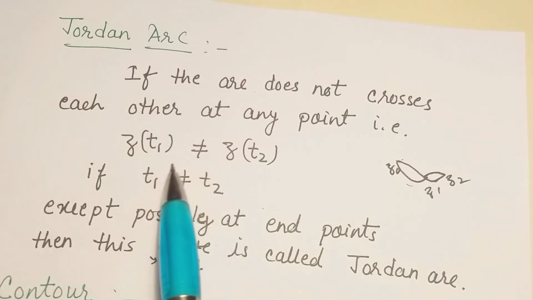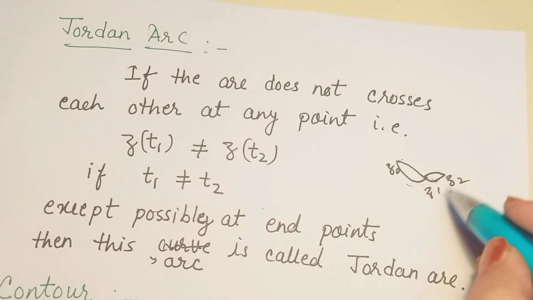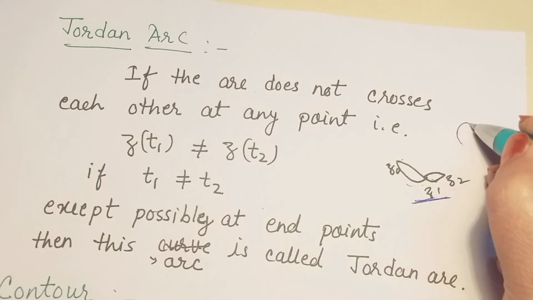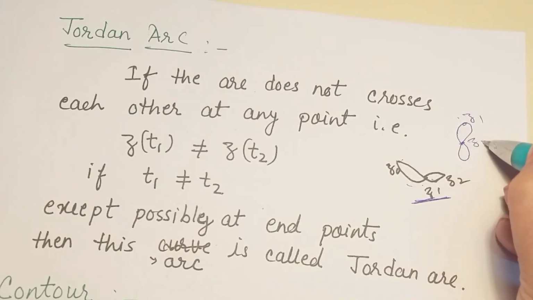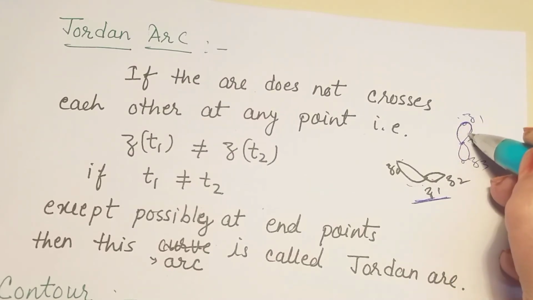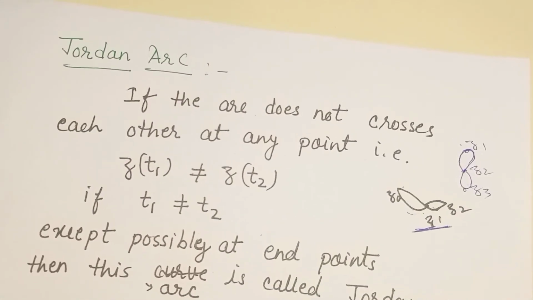Okay, it cannot be the same like this. It is not a Jordan arc, it should not be like this. Suppose z1, z2, z3. So this is not a Jordan arc.